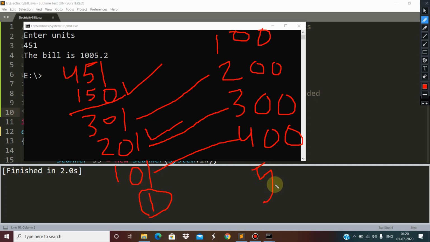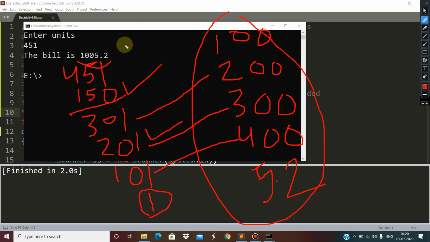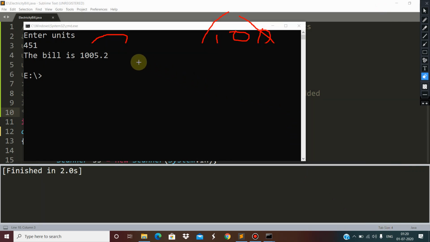So here 5.2 will get added. If you add all these together, you will get the final amount, which is rupees 1005.2. So this is how we have calculated the electricity bill.